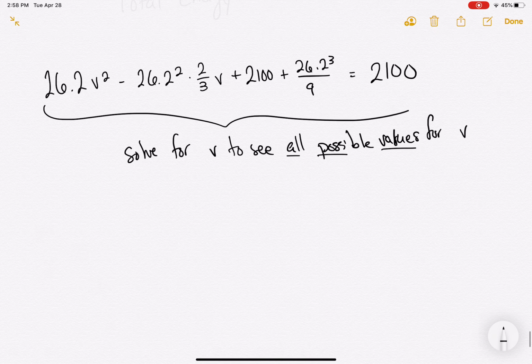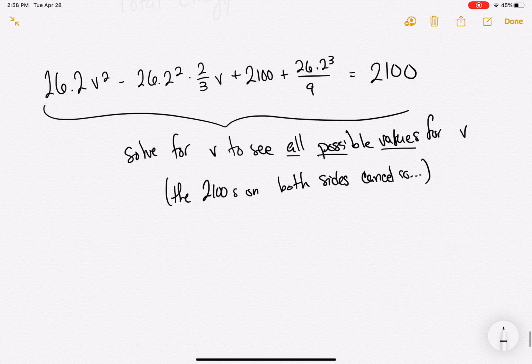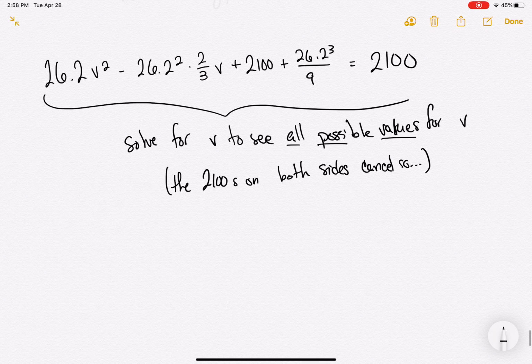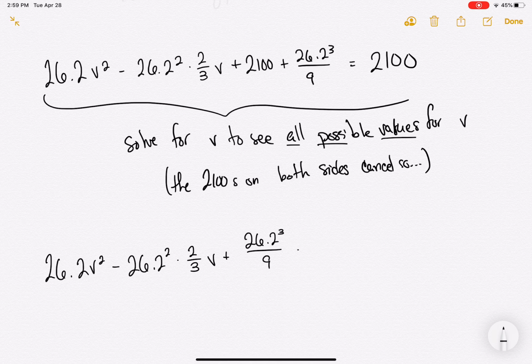The first thing I'm going to do is the 2100s cancel. So it's really 26.2 V squared minus 26.2 squared times 2/3 V plus 26.2 cubed over 9 equals 0.